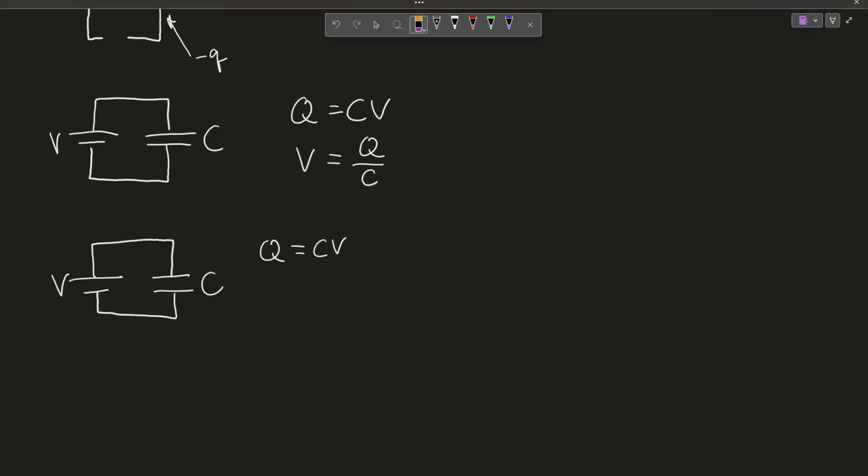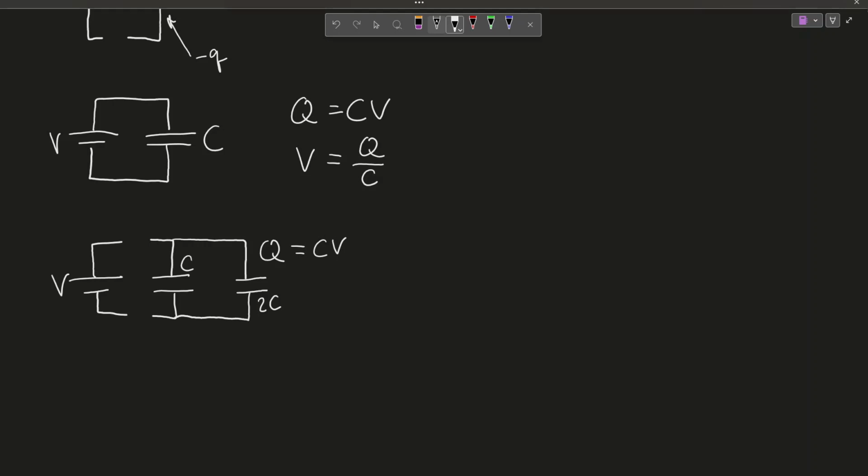Now we are going to disconnect it as before, but now we are going to reconnect it to another capacitor over here. I'm just going to move this to make it a bit clearer what I'm referring to. This is value C, and maybe this capacitor is value 2C. So now the question asks you, what will be the amount of charge on each capacitor?